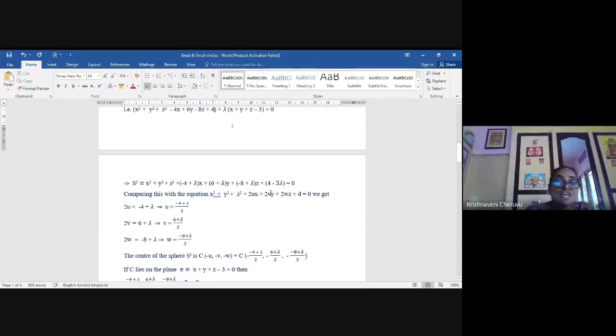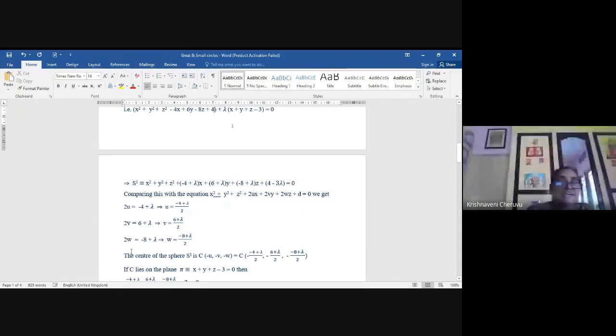Here the coefficient of y is 2v, and here the coefficient of y is 6 + λ. So 2v = 6 + λ, so v = (6 + λ)/2. Now, you equate the coefficients of z. Here the coefficient of z is 2w, and here the coefficient of z is −8 + λ.